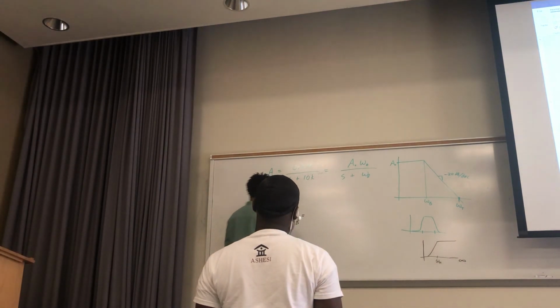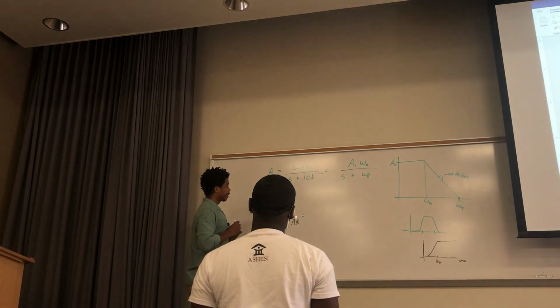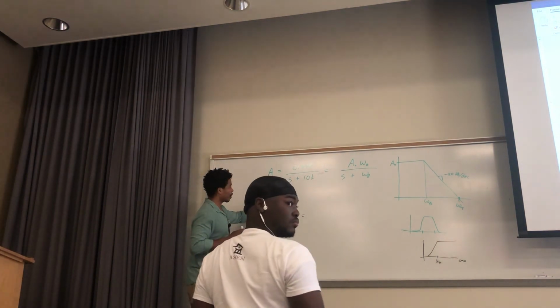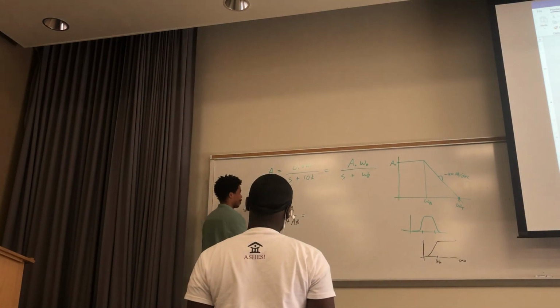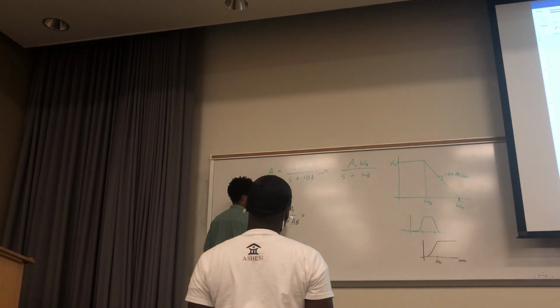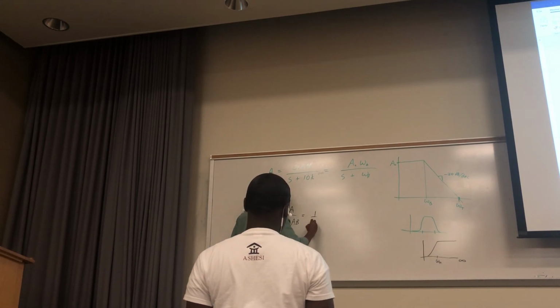What I did is I multiplied the top and the bottom by beta. So I didn't change a thing; I multiplied it by 1. This beta I pulled inside and I kept that one outside. So it ended up being like this.